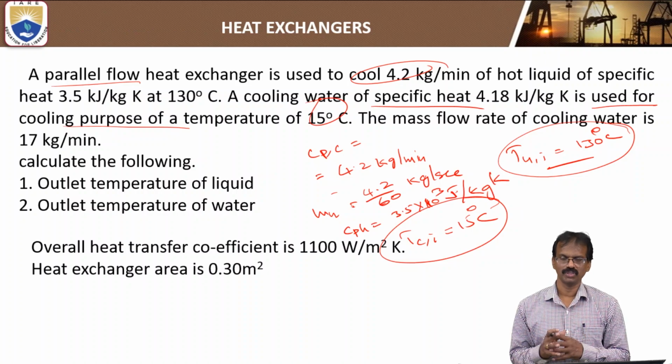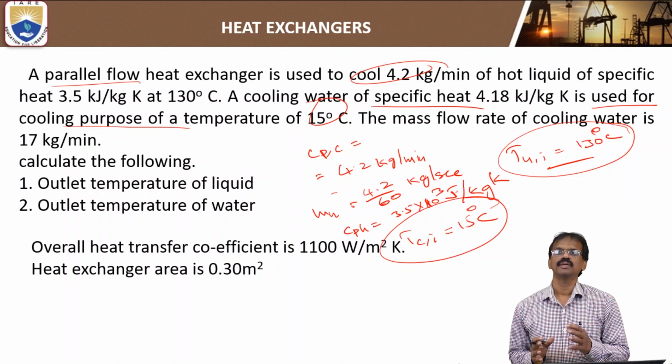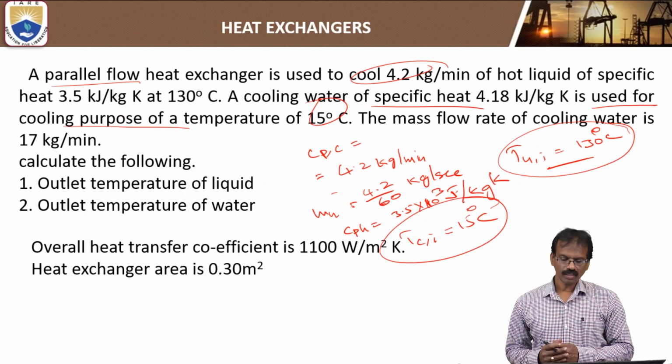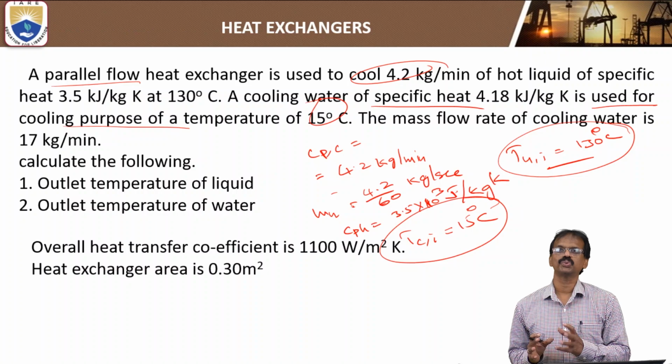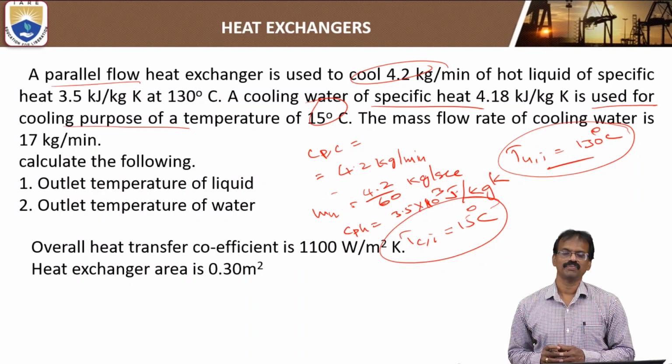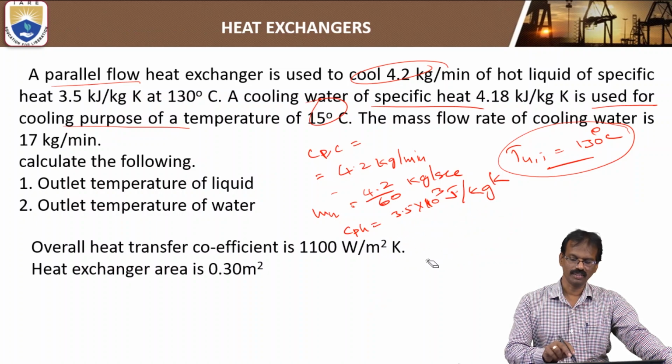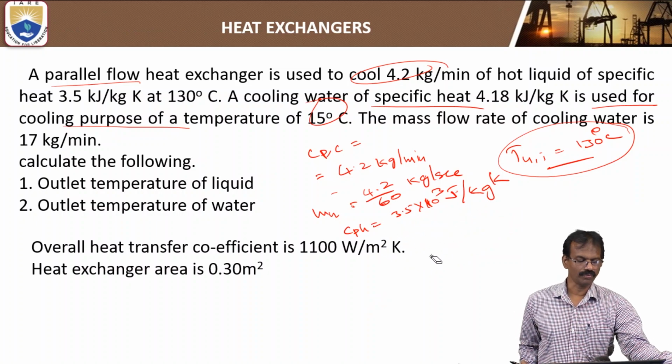Without these 4 temperatures, we can't solve the numerical based on the LMTD method. This is the drawback of LMTD, which was already discussed in the previous class also. If only the inlet temperatures are given, then we have to choose the NTU method for finding the rate of heat transfer of the given heat exchanger, either parallel or counter flow.